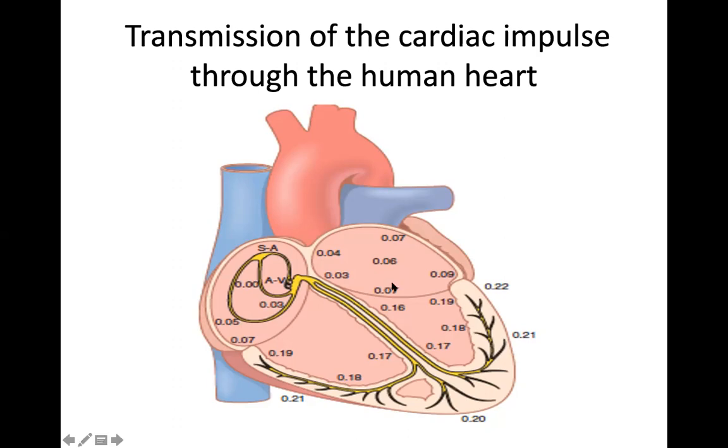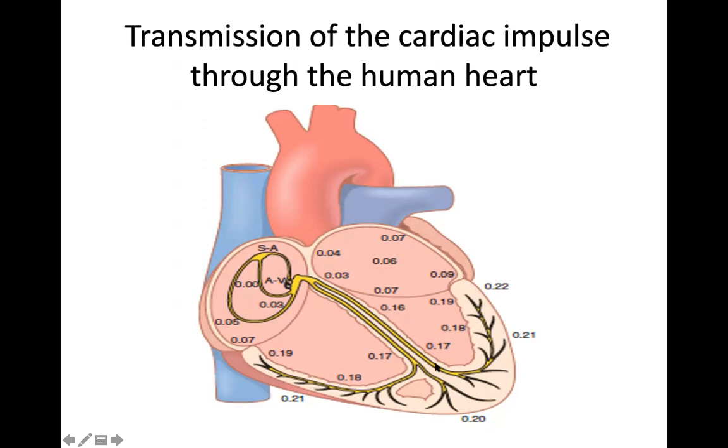If you notice in this diagram, there are numbers. Those numbers represent the interval between when the action potential starts in the SA node and the time it reaches the different parts of the heart.